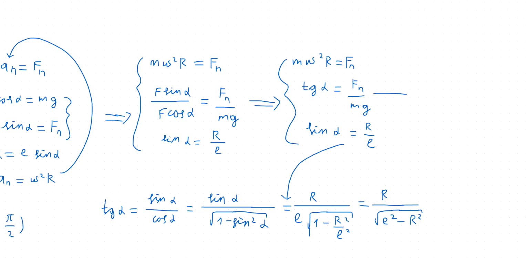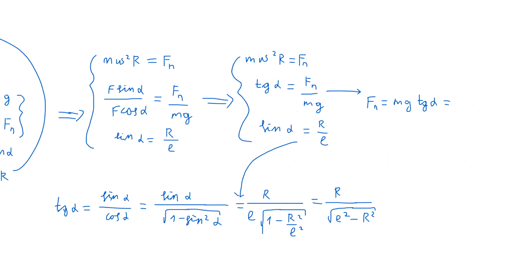And from this equation, we have F n is equal to m g tangent alpha, and it is m g r divided by the square root of L to the power of 2 minus R to the power of 2.